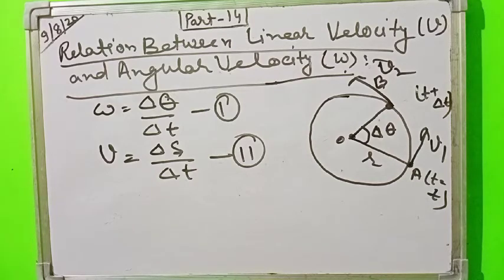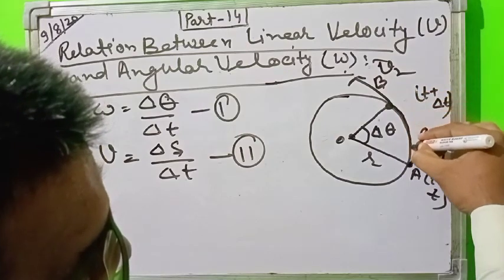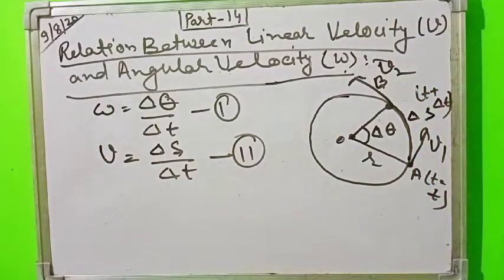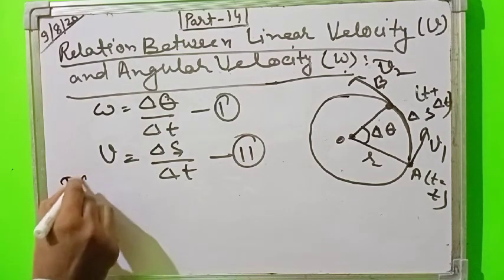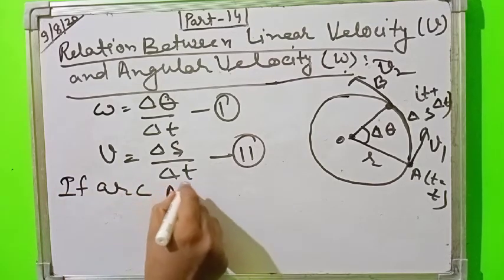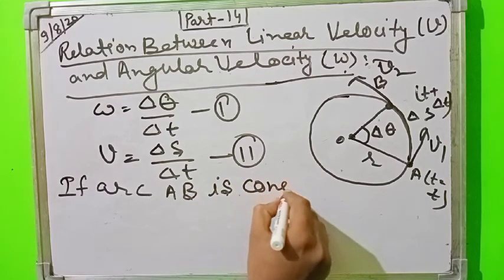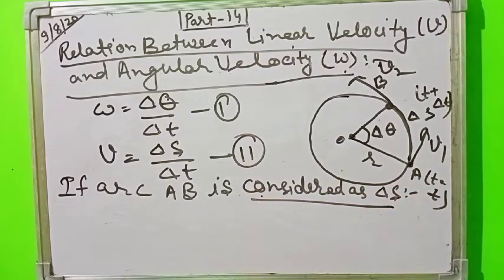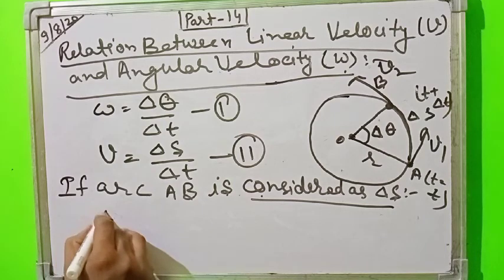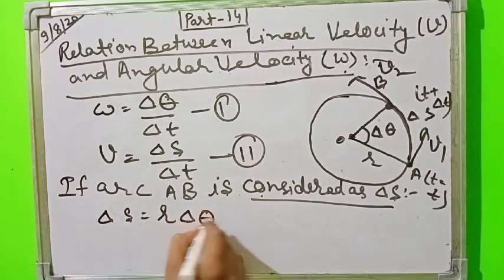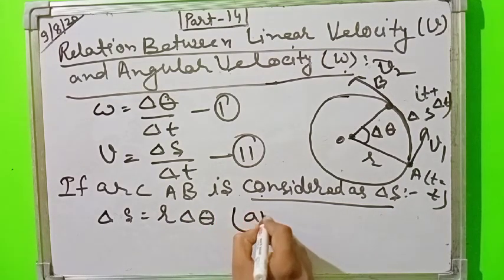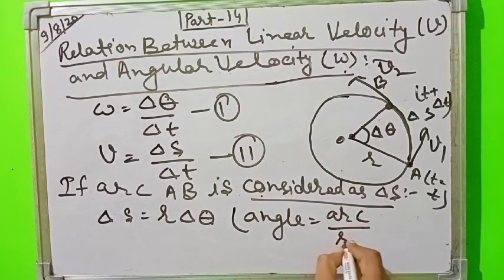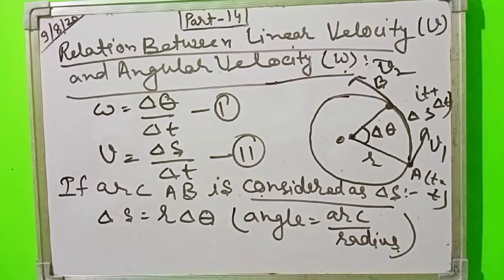Now if we consider arc AB as delta s, then delta s can be written as r into delta theta, because angle is equal to arc upon radius, so radius into angle is equal to arc.